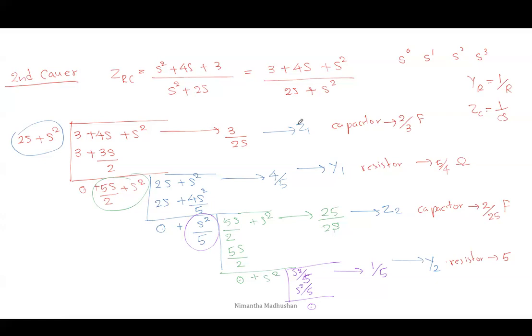When you consider each element, the first one is connected in series because it is an impedance value. Next one parallel, again series, and the final one is parallel. It is like a ladder. The final circuit is: first element is a capacitor, second one is a resistor, third one again a capacitor, and the final one is a resistor.